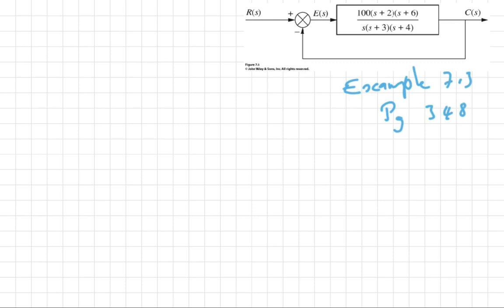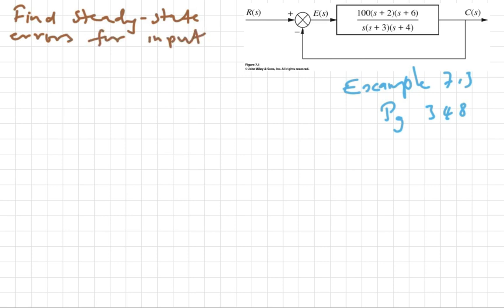It's the same question. We are also to find the steady state errors for inputs 5u(t), 5t u(t), and 5t squared u(t).